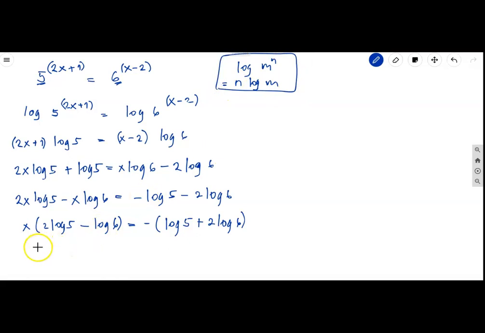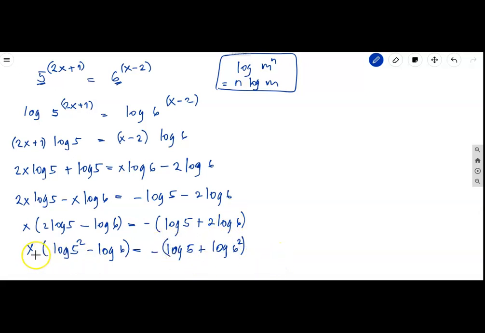So, step by step, x times log 5 squared minus log 6 equals negative log 5 plus log 6 squared.